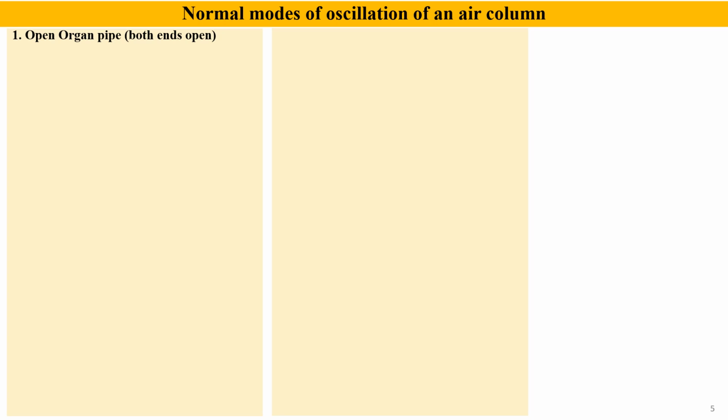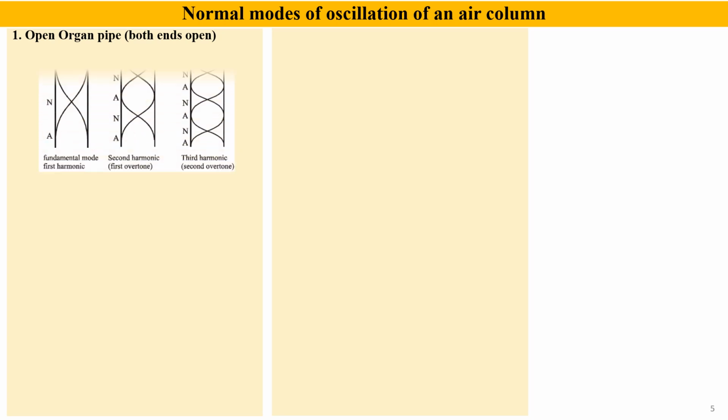Example 1. Open organ pipe, which is open at both ends. Please see the figure on the left hand side of the screen. The first part, that is part A, shows a pipe which is open at both ends, that is at the bottom as well as at the top.